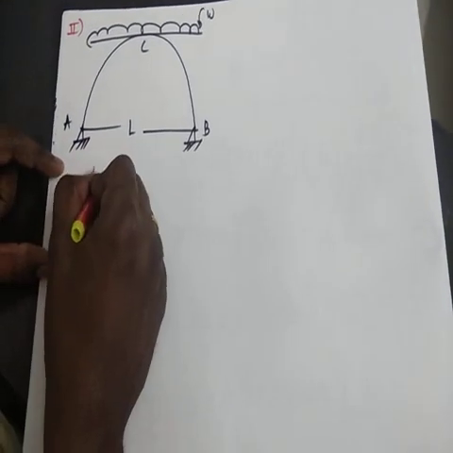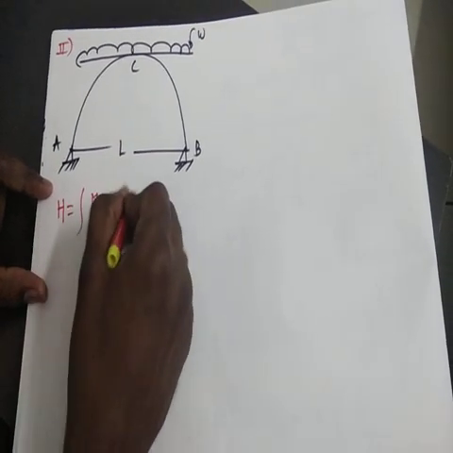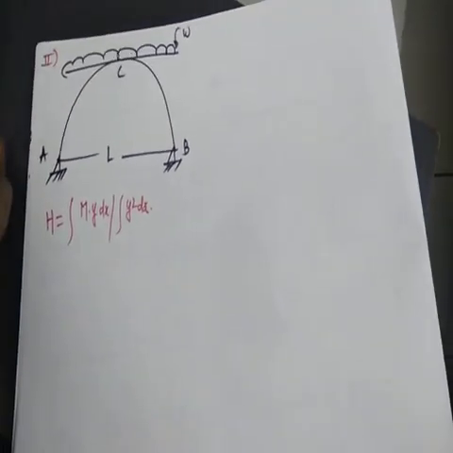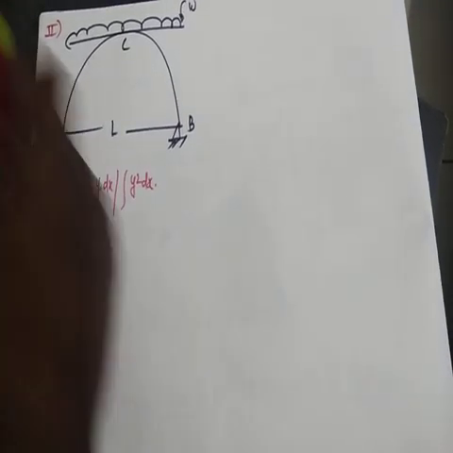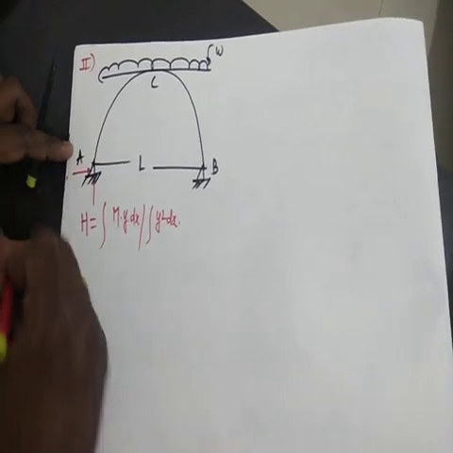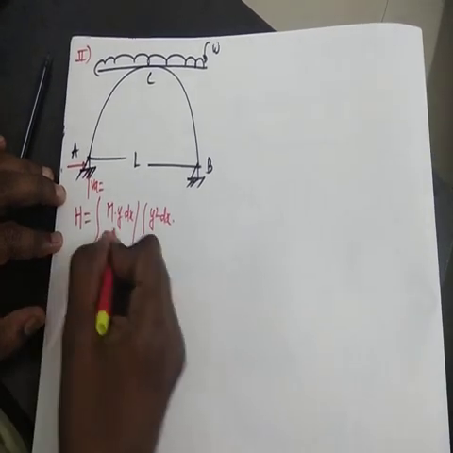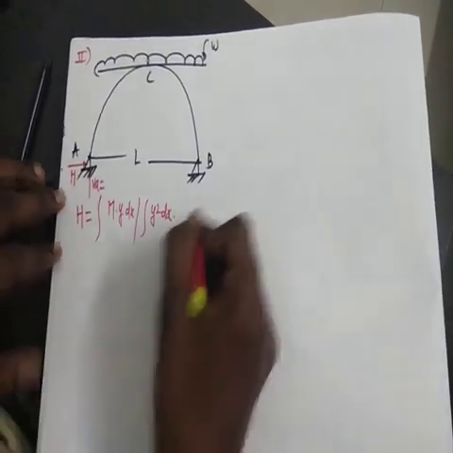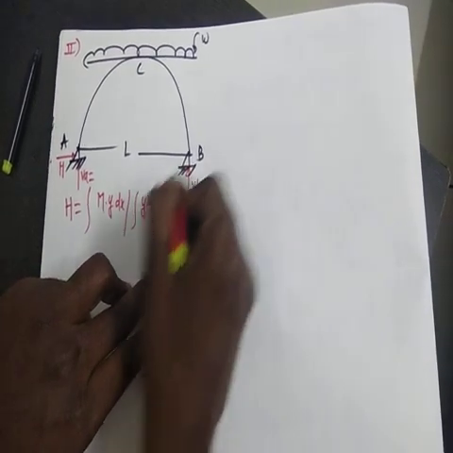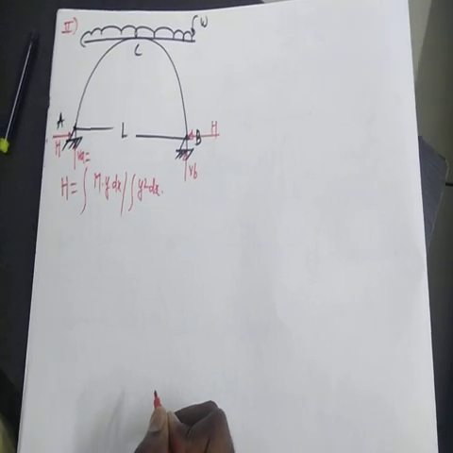and the formula is again the same: integration of m into y dx divided by integration of y square dx. Again we have two hinge supports at A and B, so we have the reactions at A: vertical reaction VA and horizontal reaction H, and at hinge support B: vertical reaction VB and horizontal reaction H towards left.